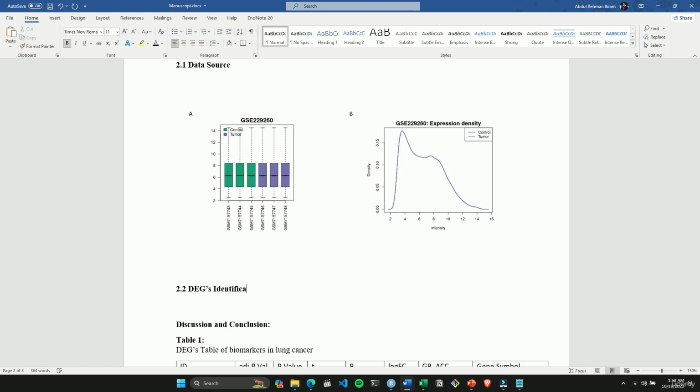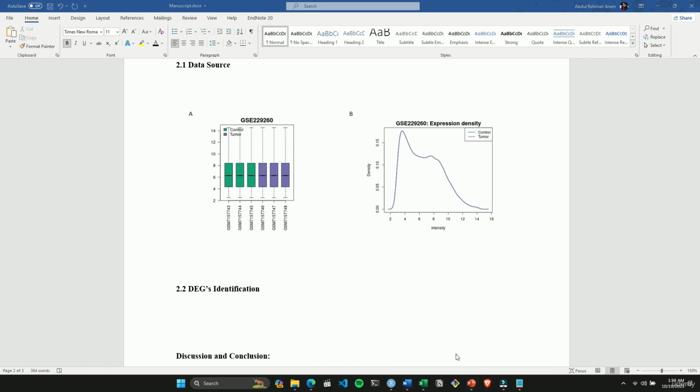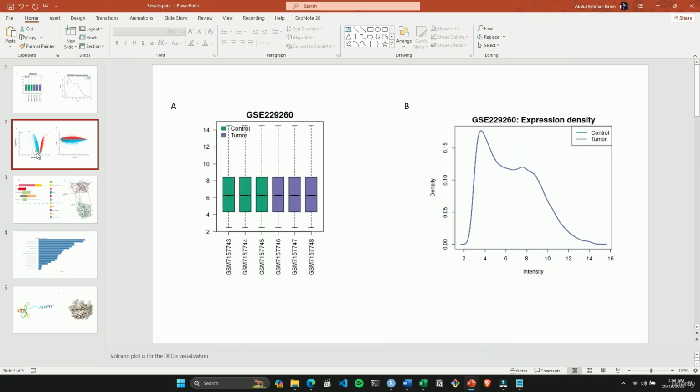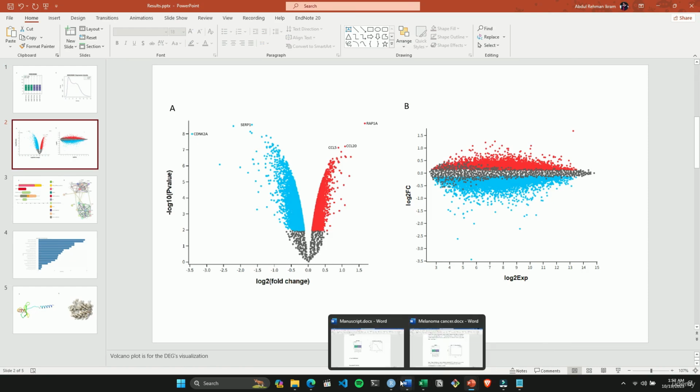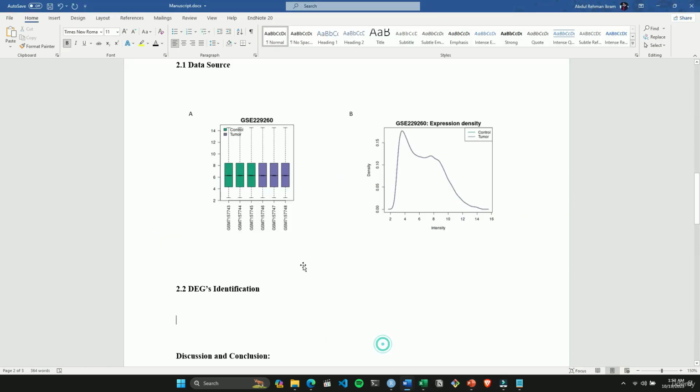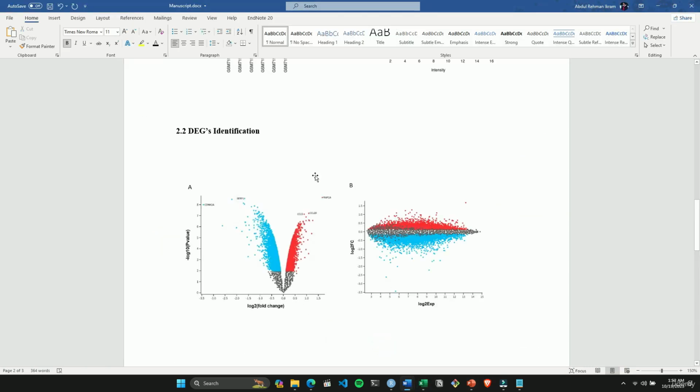2.2 will be the DEGs identification, where we will put the information about the differentially expressed genes that we have identified. We will move to our manuscript and paste the figure here, and above you can write that we have identified these genes, and that this gene is involved in this one, the gene annotation that you got from the GeneCards database.